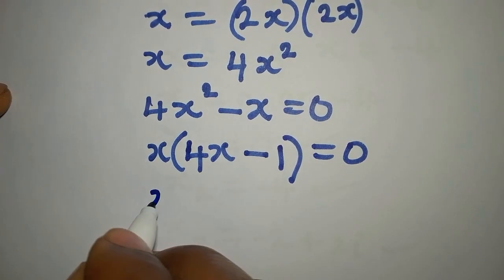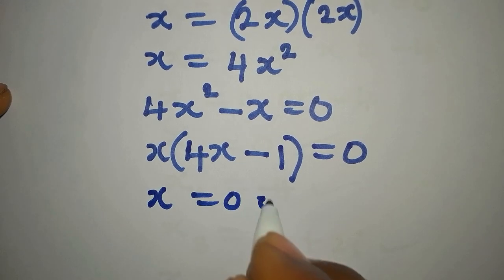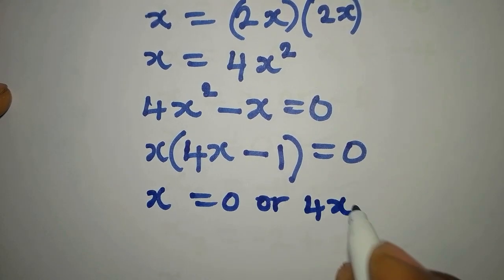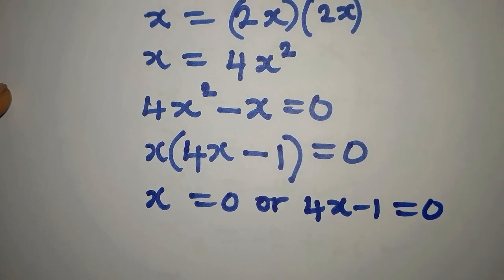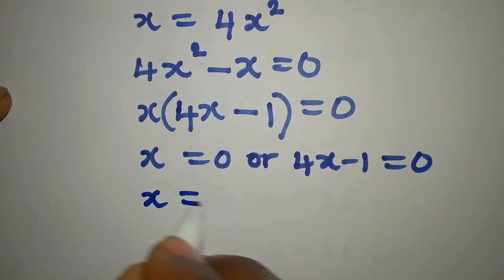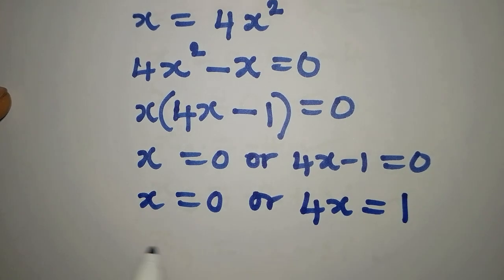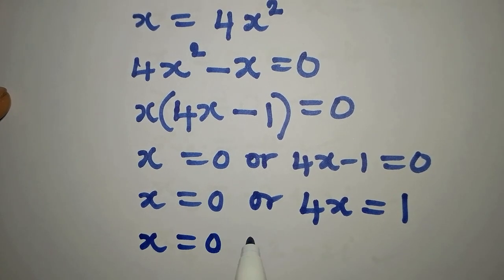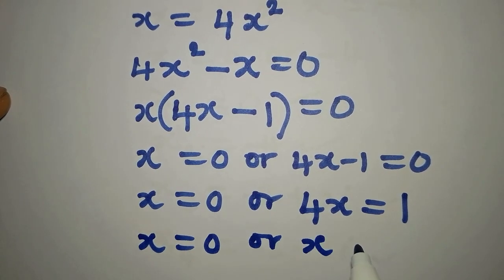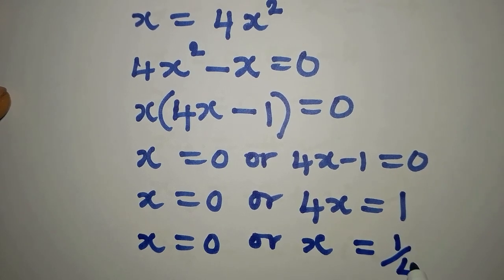From here, it is either x equals 0 or 4x minus 1 equals 0. X here equals 0 or 4x equals 1. As x is equal to 0, x on the other side is equal to 1 over 4.